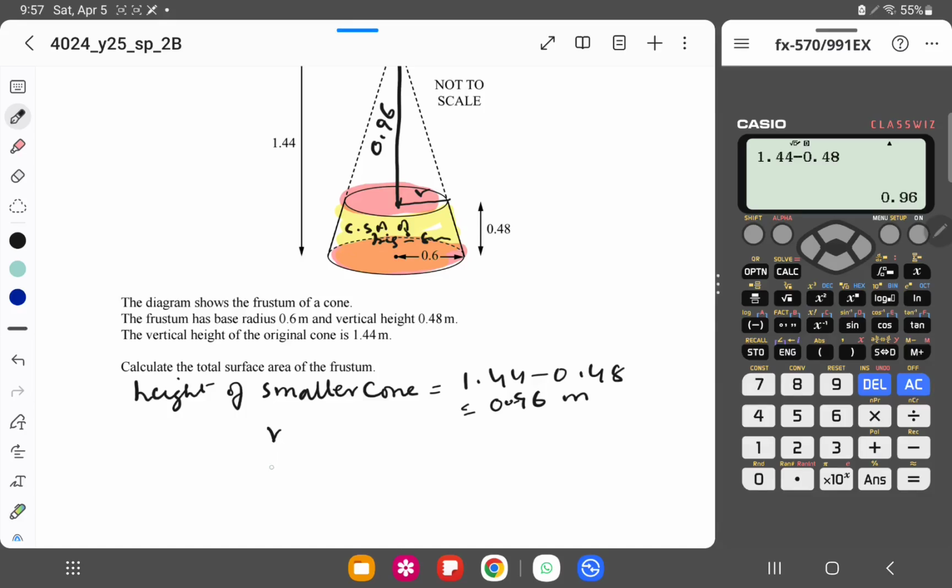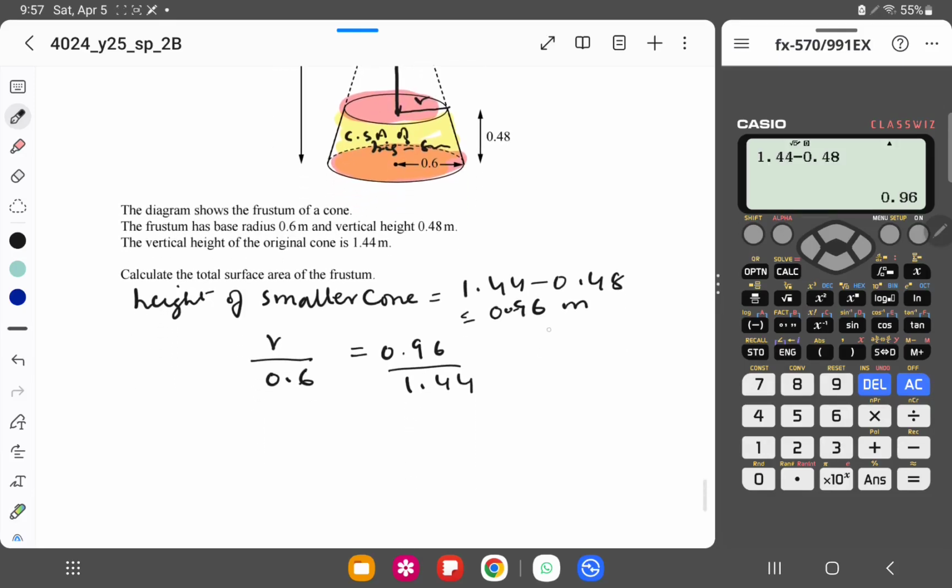The ratio r1 upon the capital R, the smaller height upon the bigger height. The bigger cone has the radius 0.6. For the smaller, I took in the numerator, so 0.96 divided by 1.44.